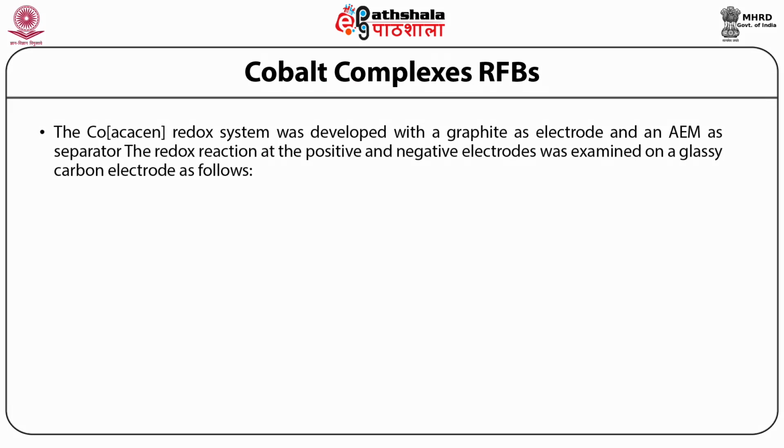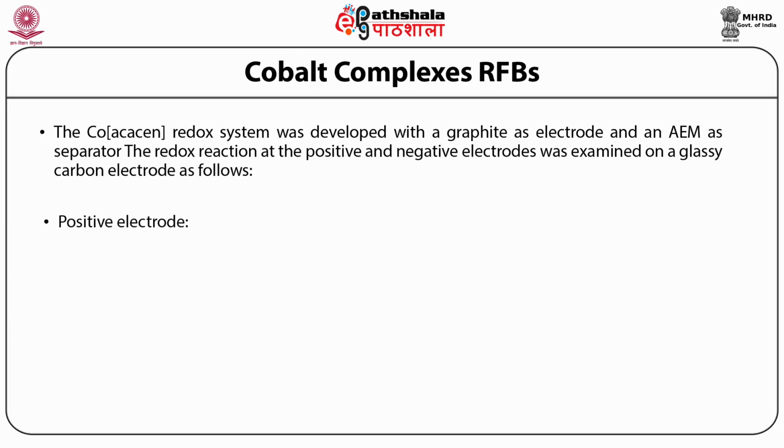The Co(acac)2en redox system was developed with graphite as an electrode and an AEM as the separator. The redox reaction at the positive and the negative electrodes was examined on a glassy carbon electrode as follows.